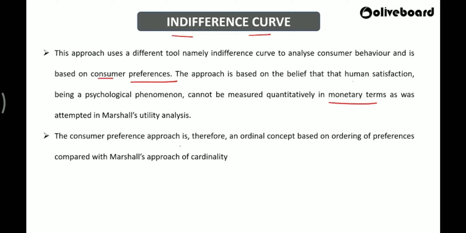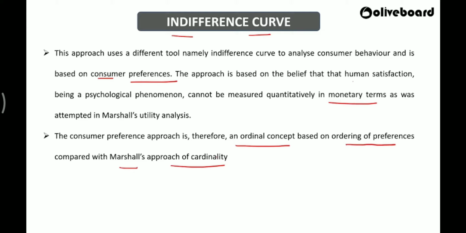The consumer approach is therefore an ordinal concept. This theory of indifference curve is also called the ordinal concept, based on the ordering of preferences, compared with Marshall's approach of cardinality. Alfred Marshall gave the law of diminishing marginal utility, under which he converted satisfaction into monetary terms.